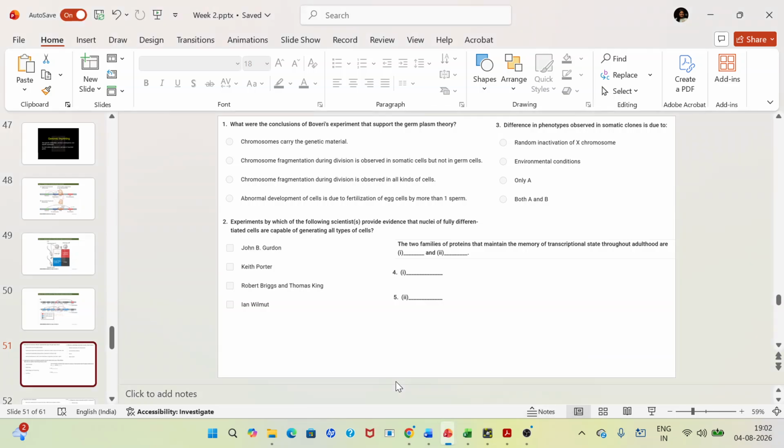Okay. So, next question. Question number two. Experiments by which of the following scientists provide evidence that nuclei of fully differentiated cells are capable of generating all types of cells? Which scientist's experiment helped in understanding that?